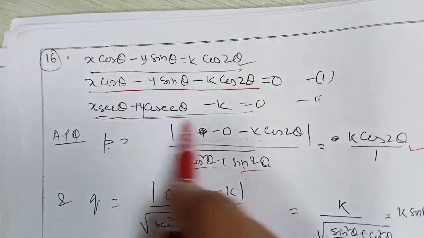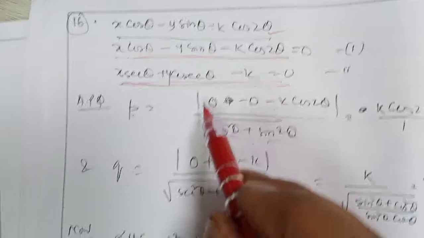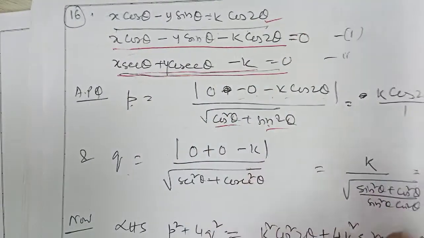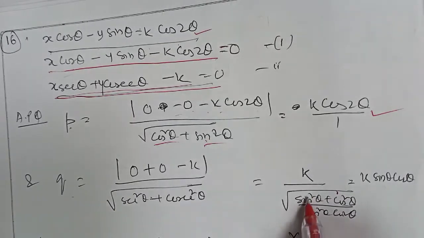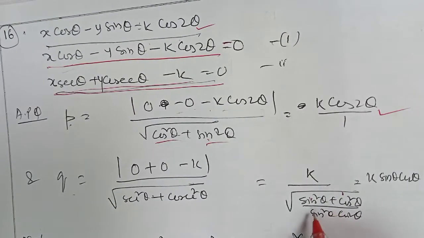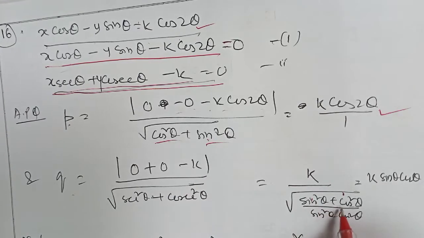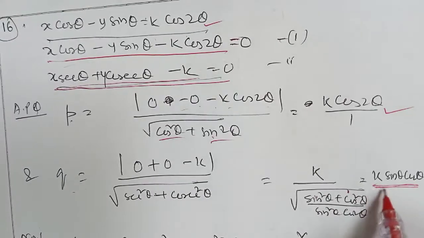Again, for the other equation, the distance from the origin to this line will be q. Q is equal to again x, y as 0, negative k y this. Now by simplification, sec² is 1 by cos², cosec² is 1 by sin², it can be simplified into this.